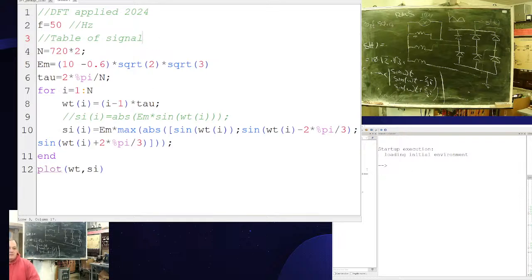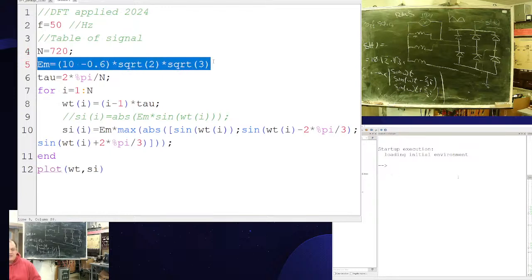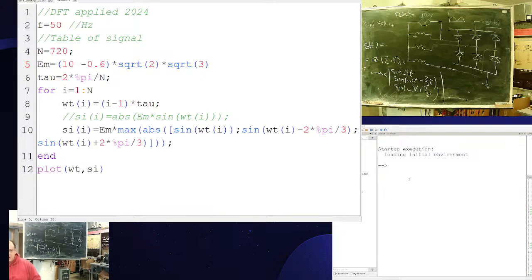I will need, okay, 720 points is okay. Here, take a look. Am is the max value of my voltage: square root of 2, square root of 3, my 10 volts, I just put it. But here is a small value.